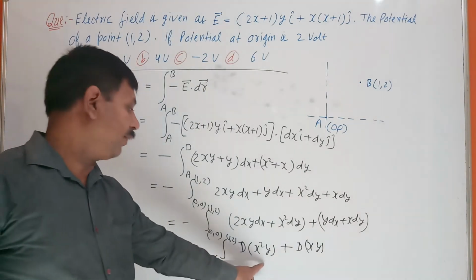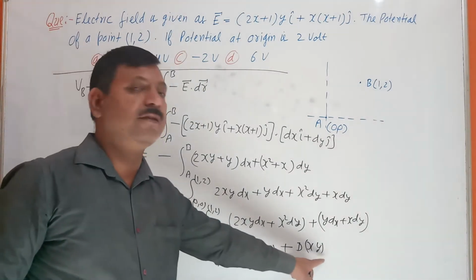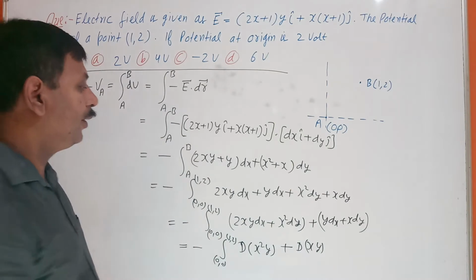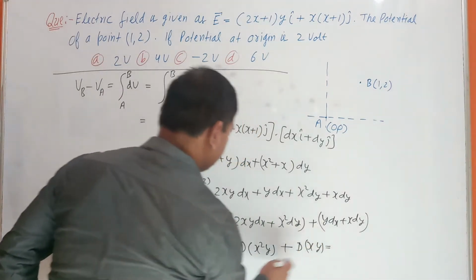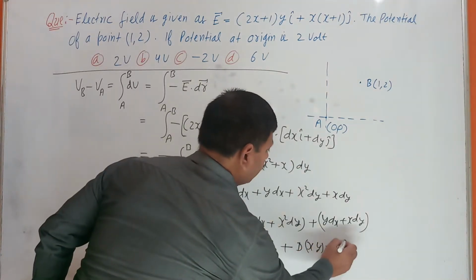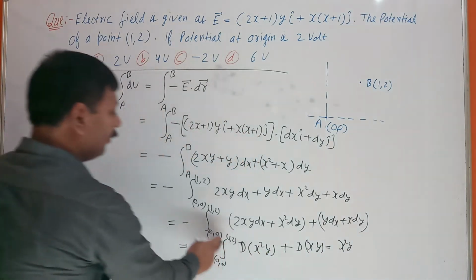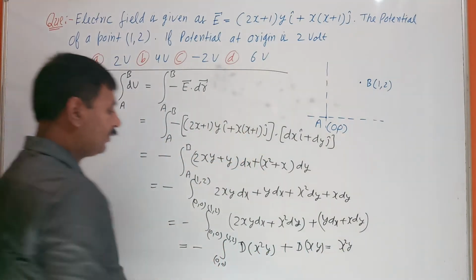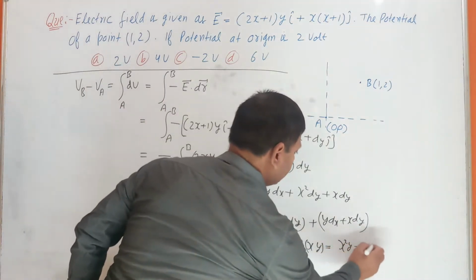So the differentiation of x square y, and here the differentiation of xy. If you integrate, the result will come x square y, since the differential is cancelled by the integration, plus xy.